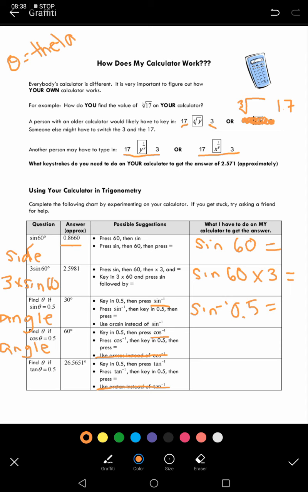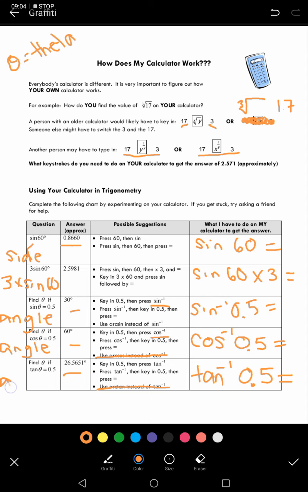Obviously, those are different trig ratios, so you need to make sure you're using the correct one. So for me, this time I would do cos -1, 0.5 equals, and here I'm going to do tan -1, 0.5 equals, and I'm able to get all of these answers over here.